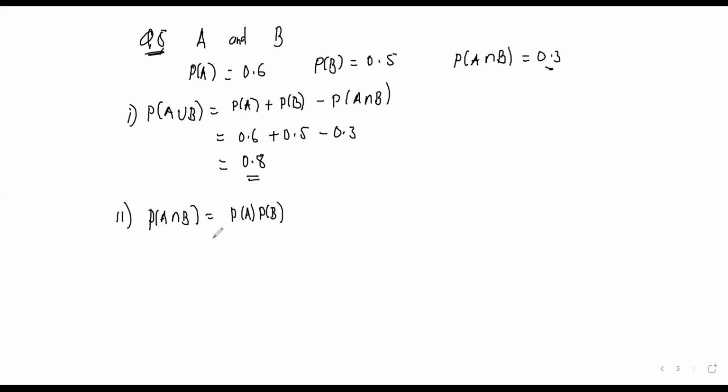So ours is to find the probability of A multiplied by the probability of B. That is 0.6 multiplied by 0.5, which gives 0.3. And 0.3 is the probability of A intersection B. Hence, A and B are independent.